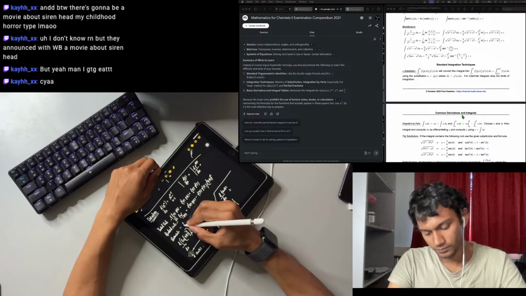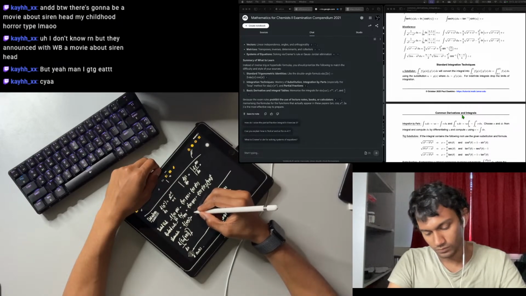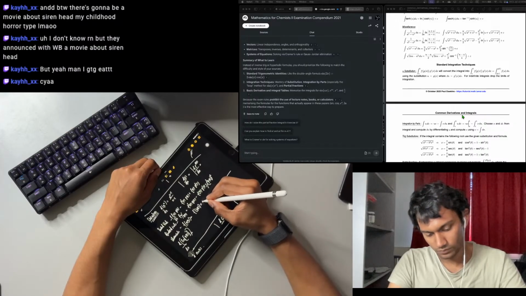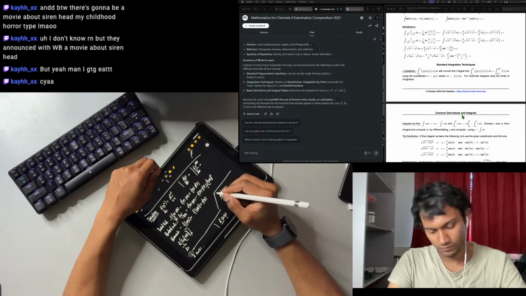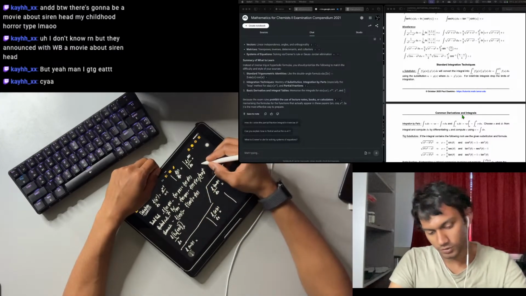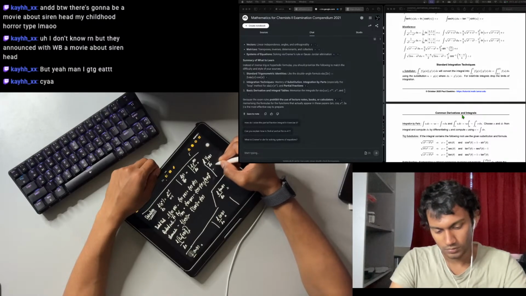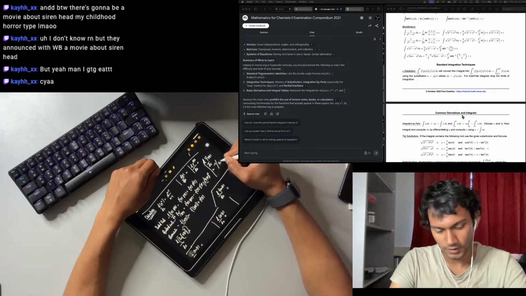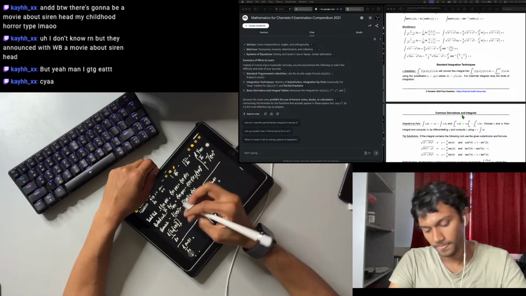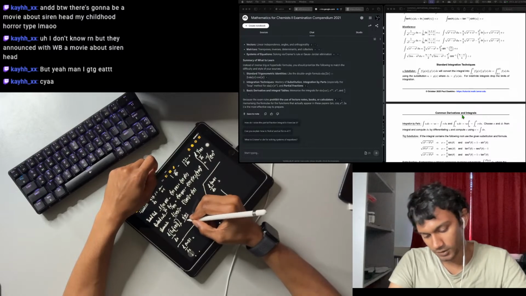Chain rule. That's it, right? Chain rule. Oh, there's one more chain rule. d/dx of 1 by g of x is minus g dash of x by g of x the whole square. Yep, there we go. Log of g of x is g dash of x by g of x, right?